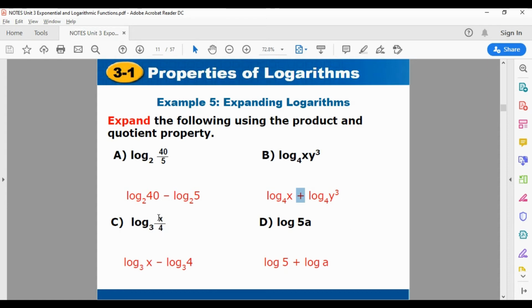Next, log base 3 of x divided by 4. This is your quotient property, so there's going to be a minus sign. Numerator goes first, denominator goes second, and the bases stay the same. Log of 5a, so this is an understood log base 10. This is a product, 5 times a, so this is log 5 plus log a.